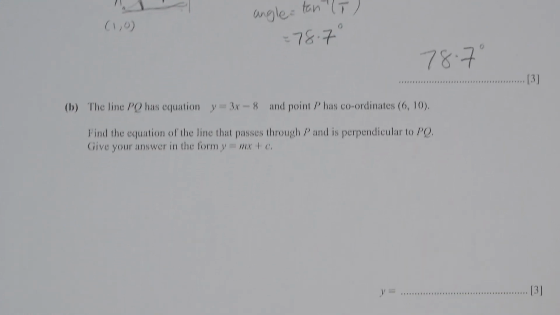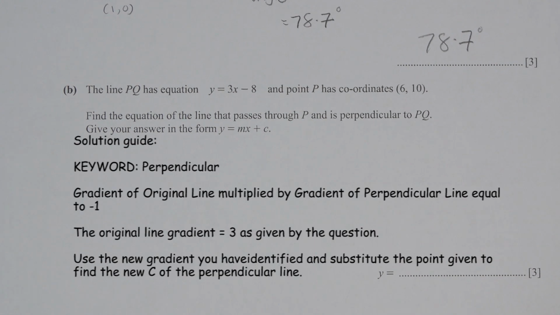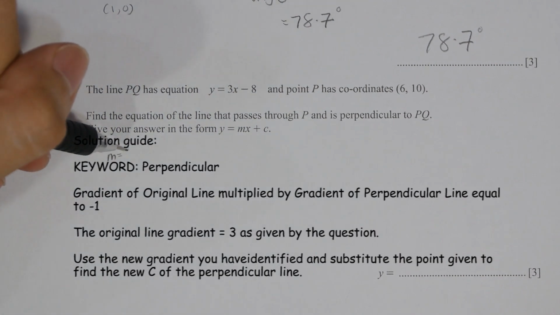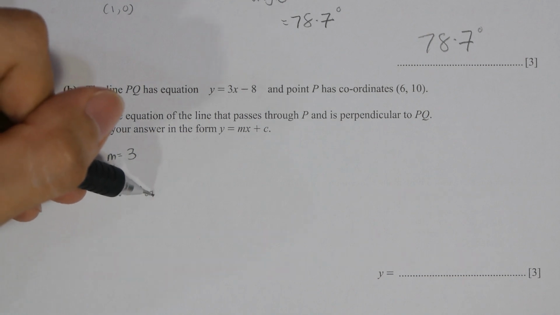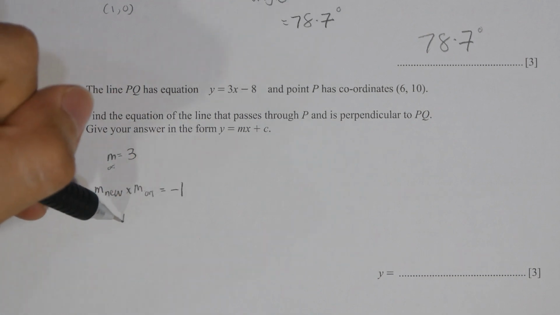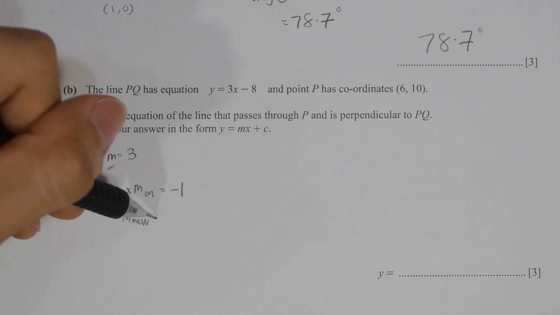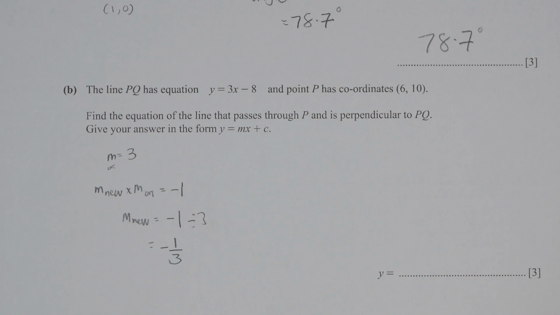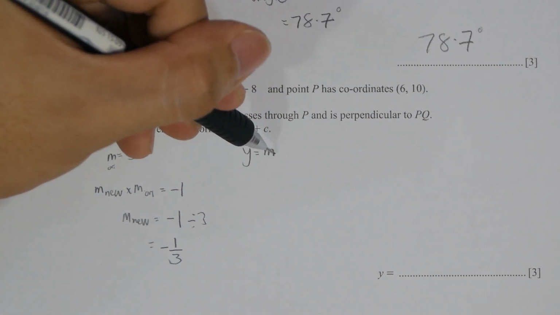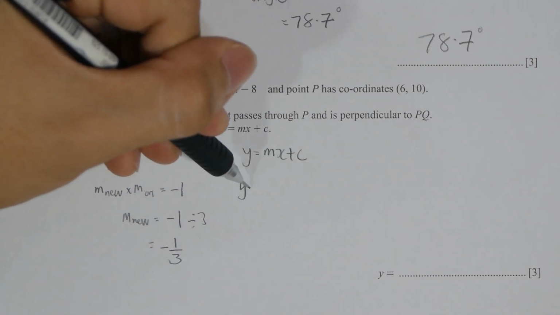For part B, the gradient here will actually be 3. The keyword is perpendicular line. So gradient of the original line multiplied by gradient of the perpendicular line will be equivalent to -1. So the gradient of the perpendicular line will be -1/3 after the rearrangement.